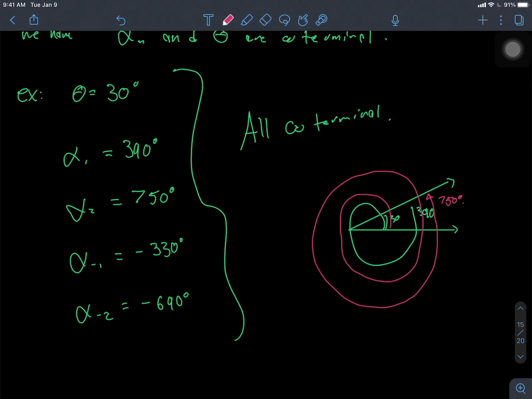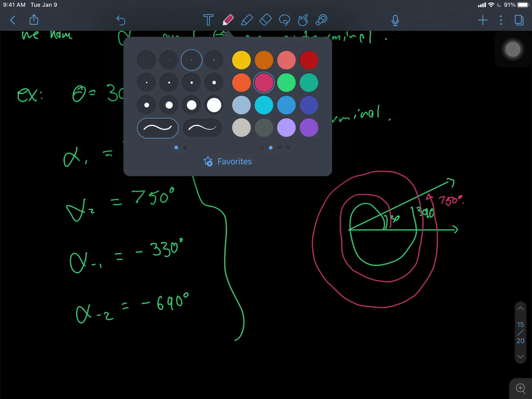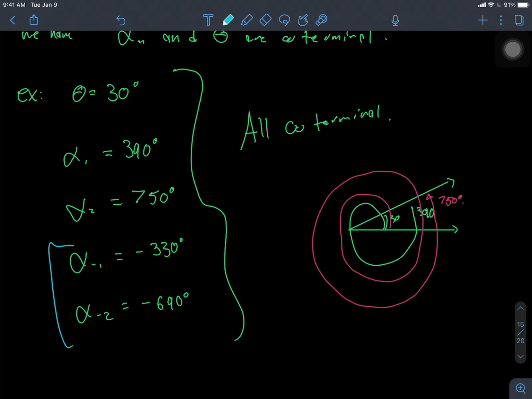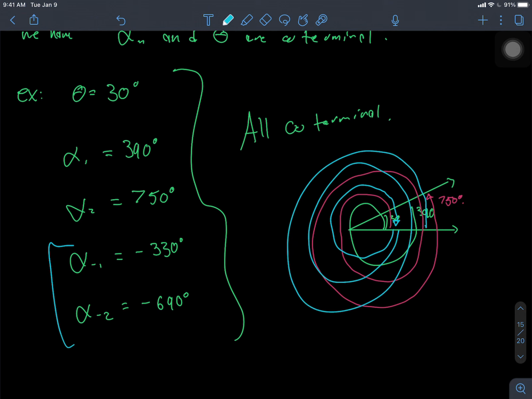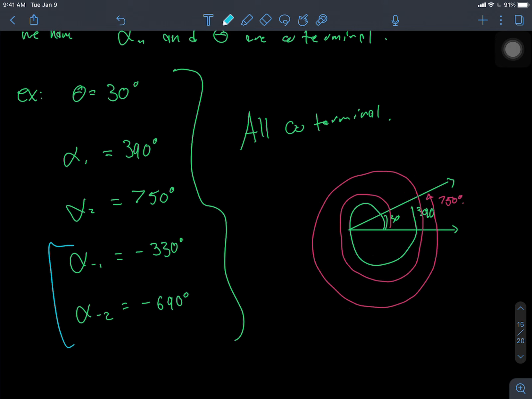And what these negative ones tell us is we can also go around in the other direction. We could do alpha negative 1, negative 330 degrees in this direction, or negative 690 degrees would be 2 circles in this direction. Oops, this should have gone like that.